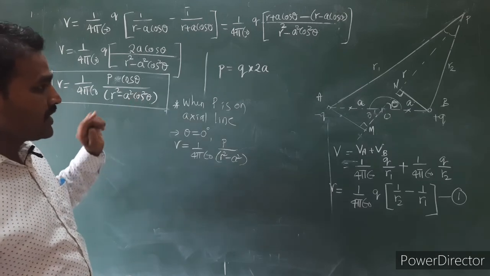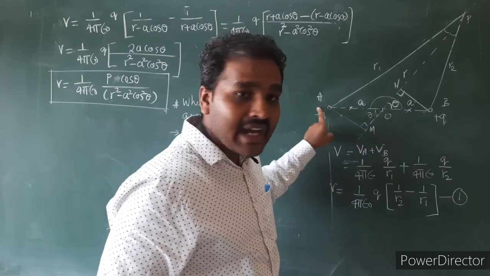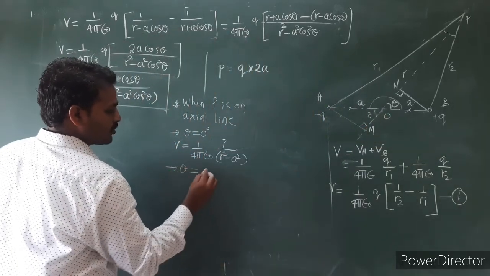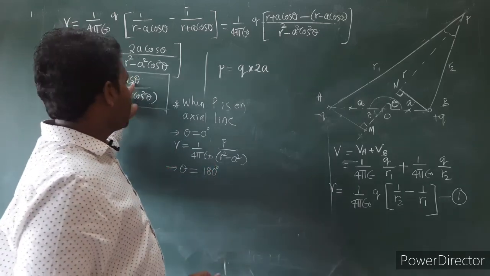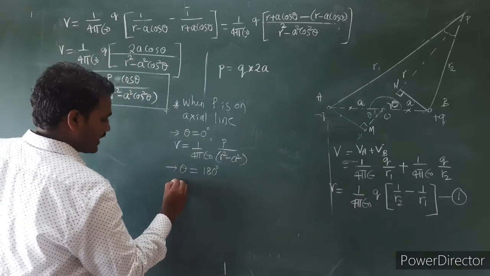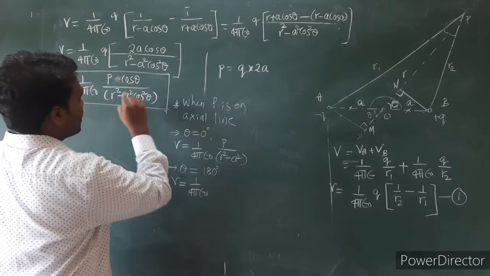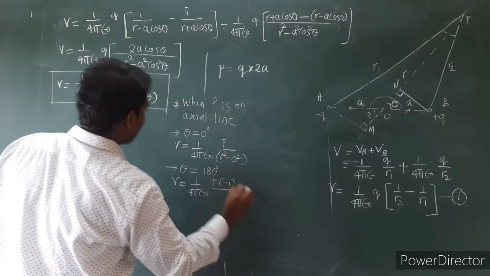Similarly, if the point P is between the midpoint and the negative charge, in that case I will get theta is equal to what? 180 degrees. When theta is equal to 180 degrees, cos theta will be equal to what? Minus 1. So I can write V is equal to 1 by 4 pi epsilon naught P into cos theta, that is minus 1.